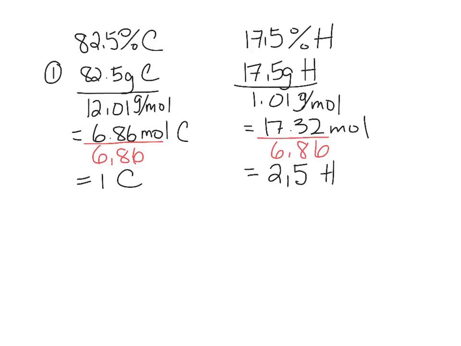You can't have half of a hydrogen, so you have to multiply. Anytime you get a half, you have to multiply by 2. If you get whole numbers, or you're off by 0.1, you can round it off, and then you're fine. So your empirical formula is C2H5.